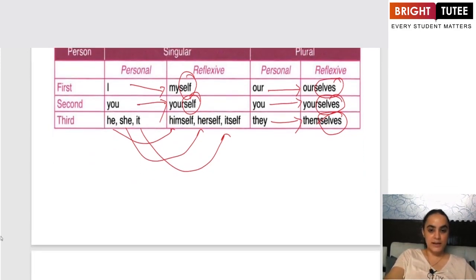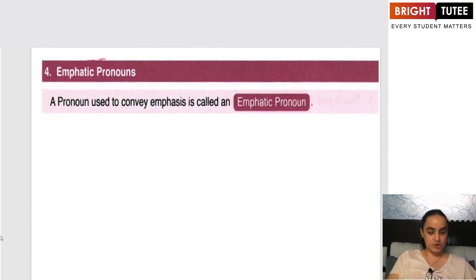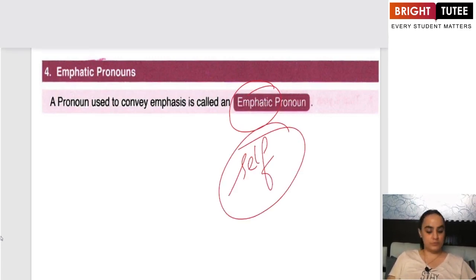Now, let us move ahead to the next type of pronoun, which is emphatic pronoun. Now, as I told you, we just discussed the self pronoun, right? We talked about self pronouns, those which were used as the object of the verb. Those were the self pronouns, right? Emphatic pronouns also are the self pronouns.